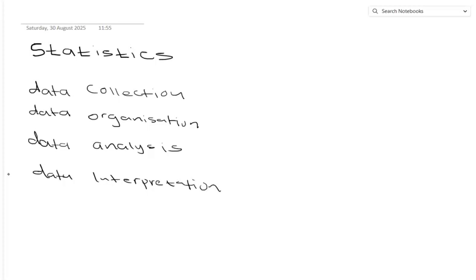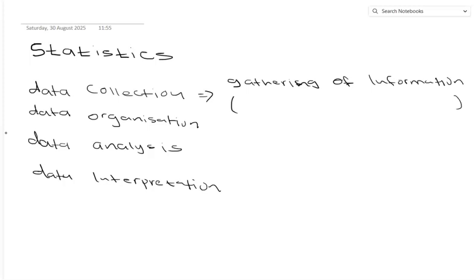Okay, so what is data collection? Data collection is the gathering of information. So let's talk now. How do we gather information? How do we collect information?